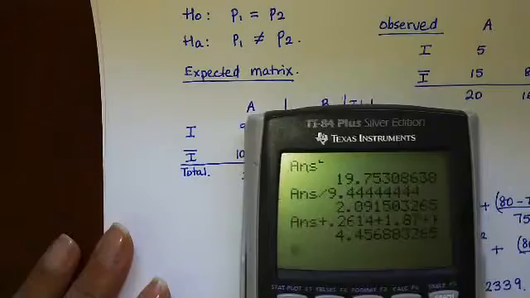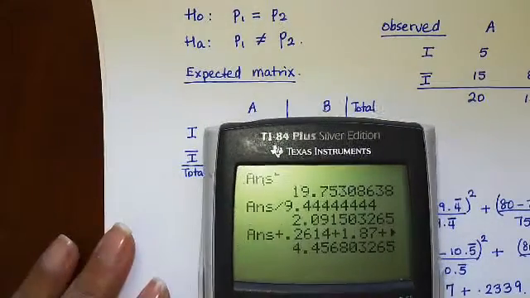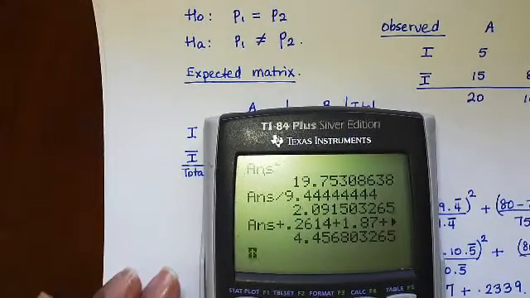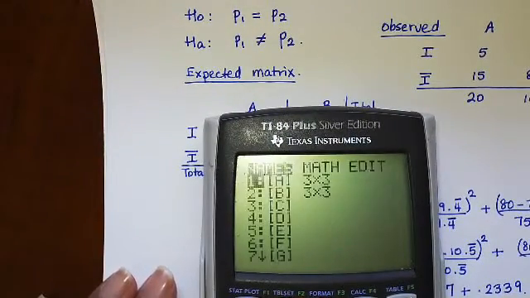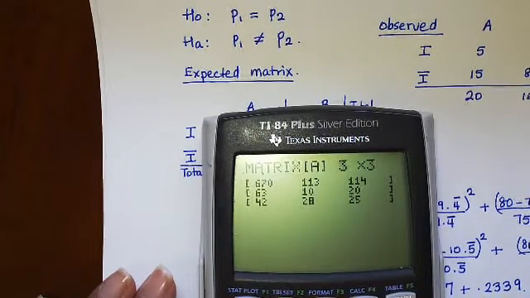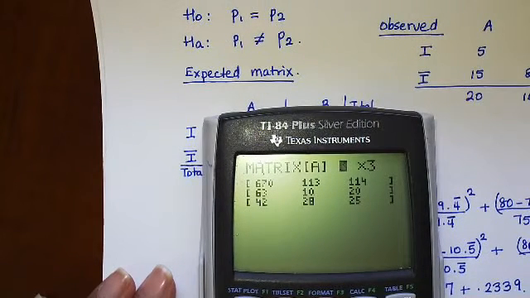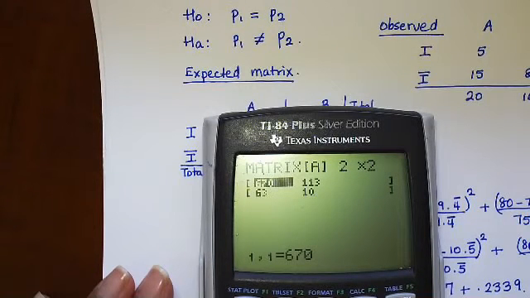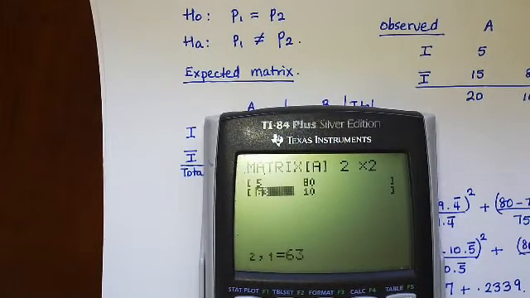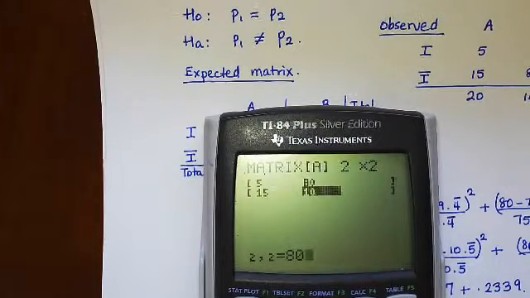And of course I would like to check my work on the calculator. So let me go to second, matrix, edit, A. So this matrix is a 2 by 2. Let's fill in the observed matrix.